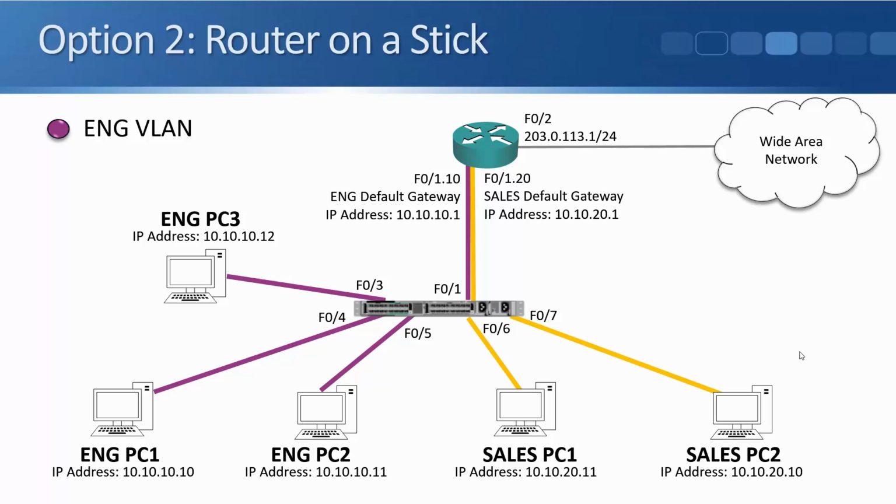Now what's going to happen is my engineering PCs, when they want to send traffic to another IP subnet, I've already configured them with their default gateway address of 10.10.10.1. So if an engineering PC wants to send traffic to a different subnet, it will send out an ARP request for the MAC address of its default gateway.